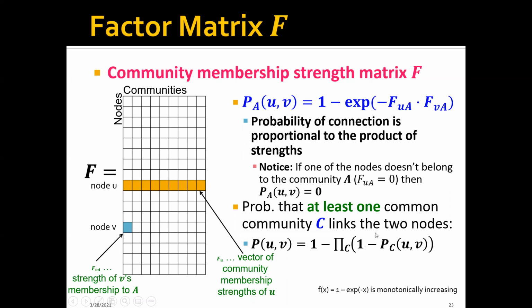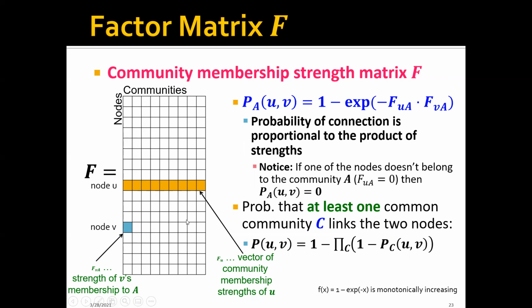Note that we can write all these F_uA using a large community membership strength matrix. For example, we can use each row to represent a node, and each column to represent one community.